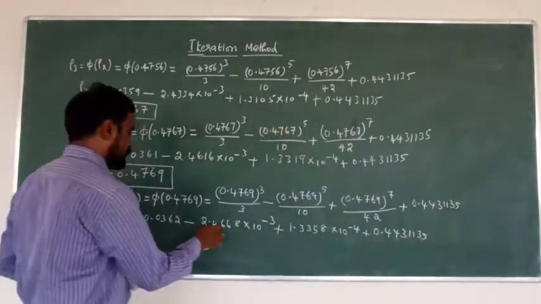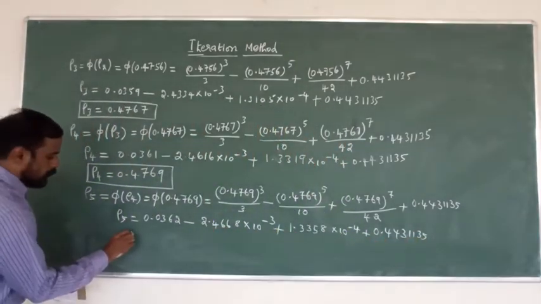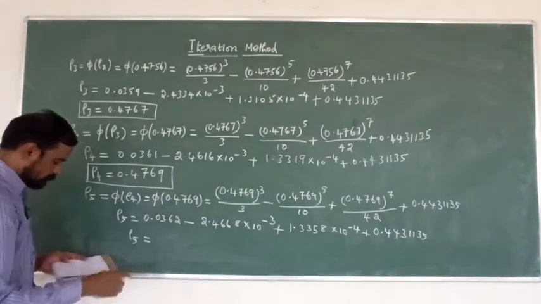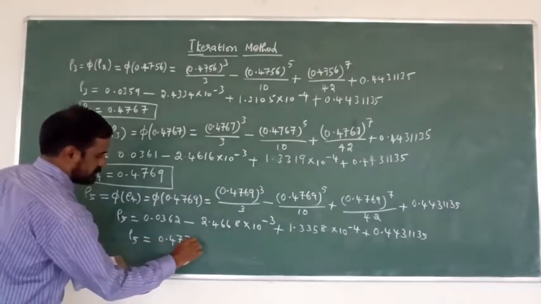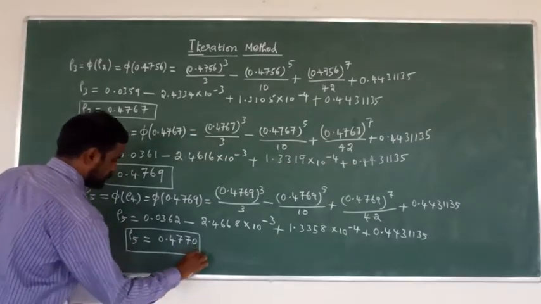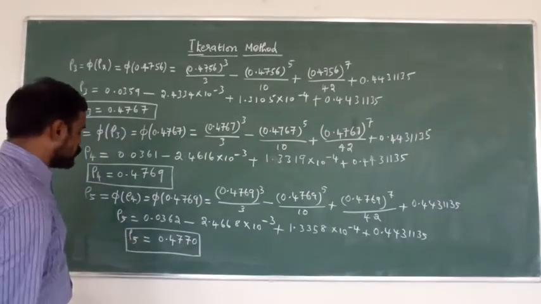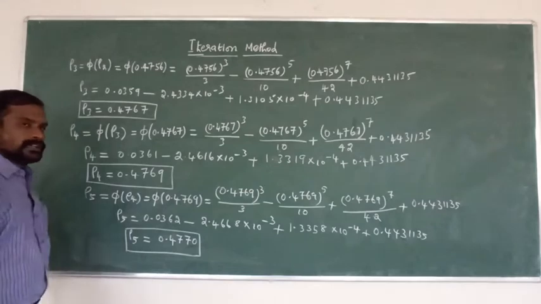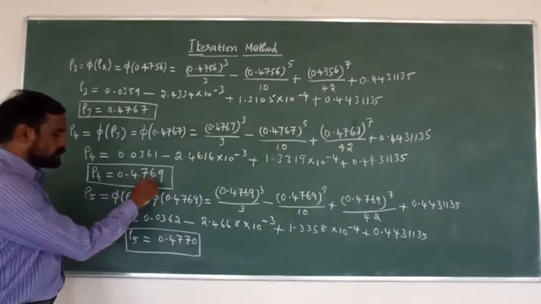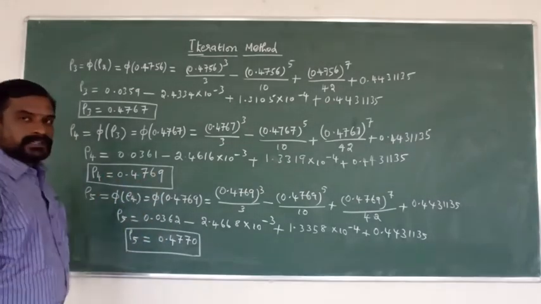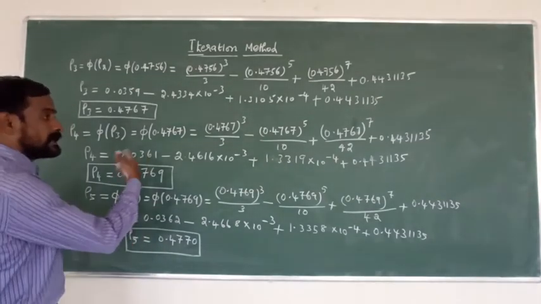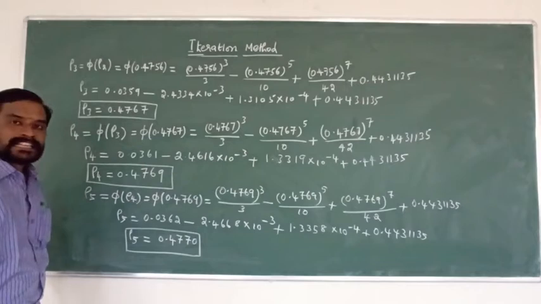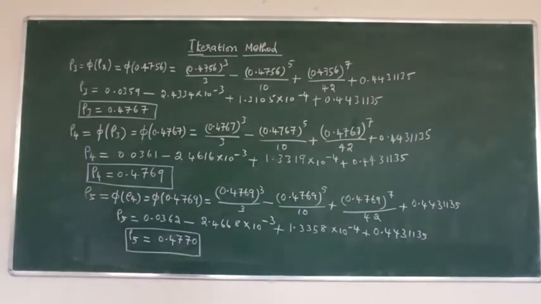Now add all the values and rho 5, we can get the result 0.4770. Now rho 5 value compare with rho 4, both results are not same. So we have to do for another iteration.